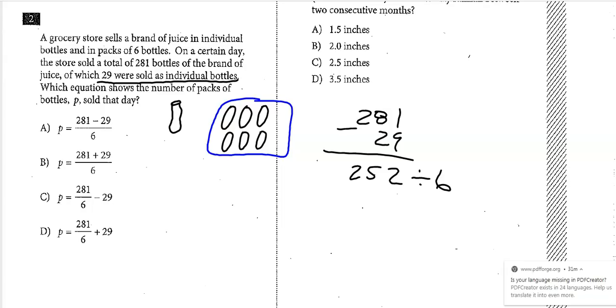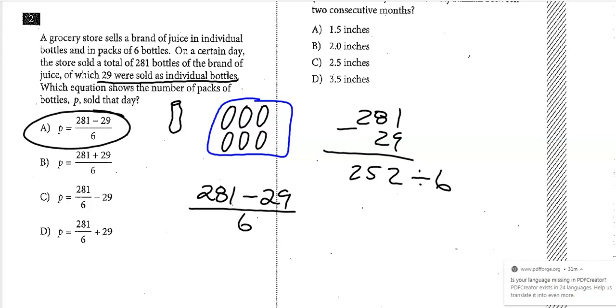So let's look and see what I did there. The first thing I did was 281, subtract the 29, and that told me how many were left. And then I divide by 6, because that's how many packs there are, and that should give me the answer, which is A.